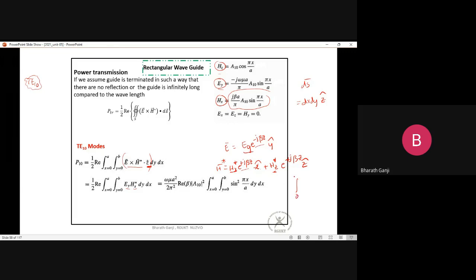What is 0 to a sine square pi x by a dx? What does it come to? So here y from 0 to b simply gives you a b, and you'll be left with this integration 0 to a sine square pi x by a dx.